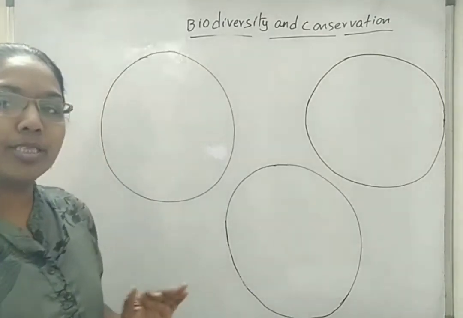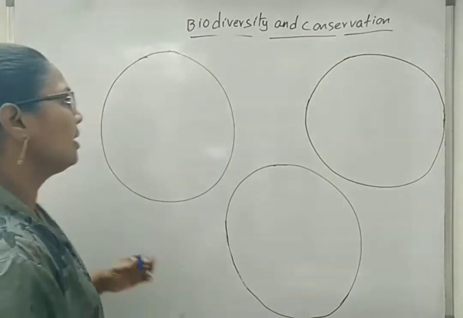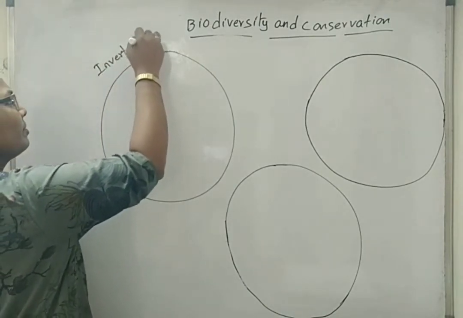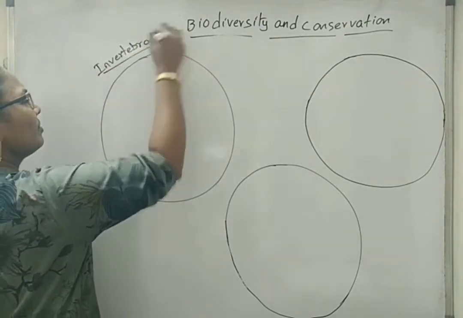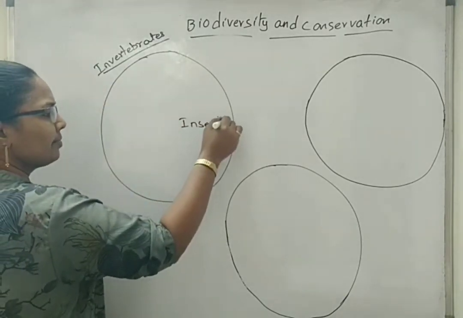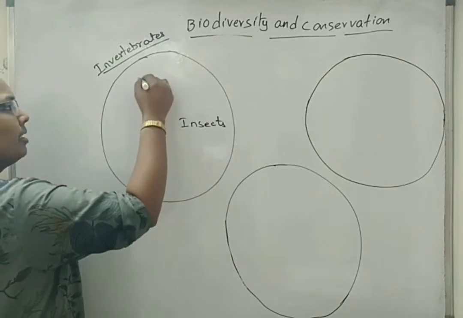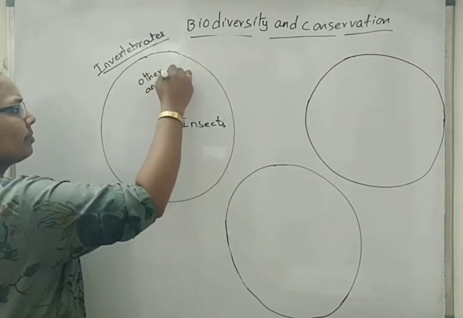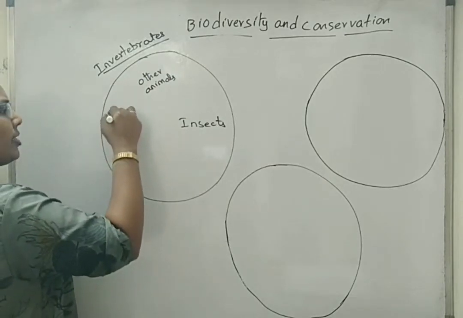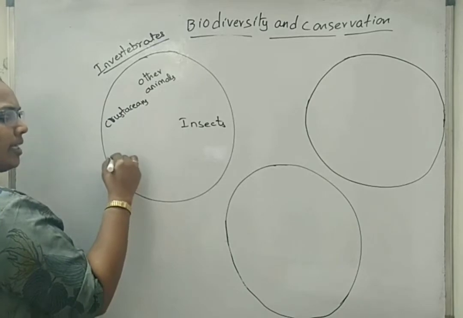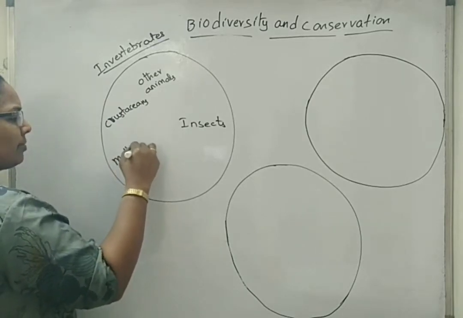Now regarding those 70% of animals, under invertebrates, if we take some of the organisms like insects, next other animals, next crustaceans, next molluscs.